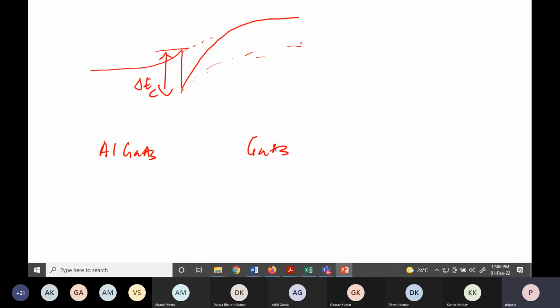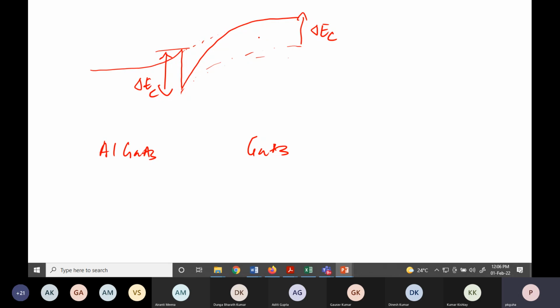You remember we drew something like this yesterday: this was our aluminum gallium arsenide side, and this was our gallium arsenide side. We said this band bending has to be delta EC, so that at thermal equilibrium there will be no further electron transfer, because of this additional band bending.